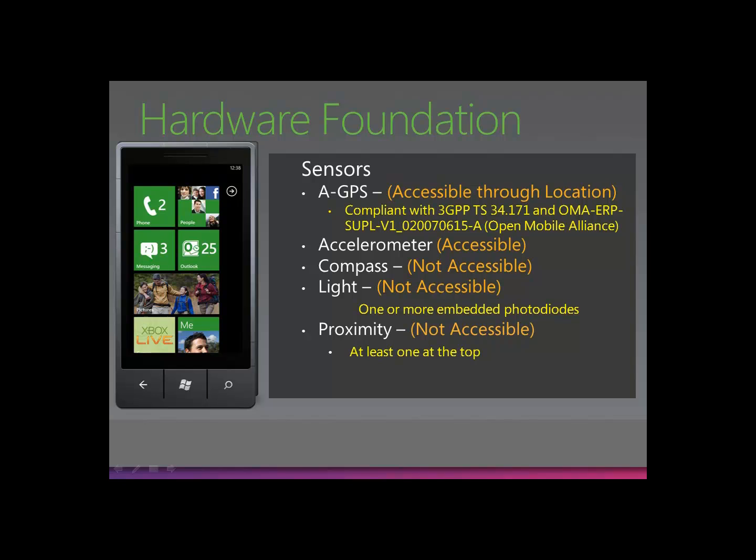Now, there might be a surprise or two that come out, but as far as I know right now, those are the only 2 that you have accessible to you as a developer. They're obviously on the phone, but you don't have API access to the compass, the light sensor, or the proximity sensor. So, of course, in this section, we're going to focus on the GPS and the accelerometer.